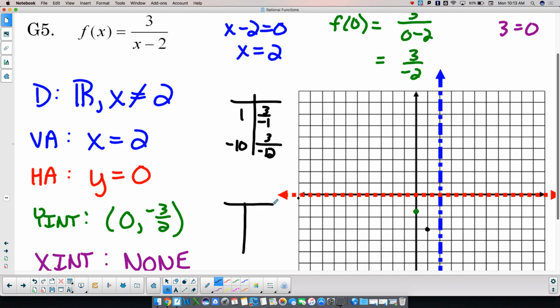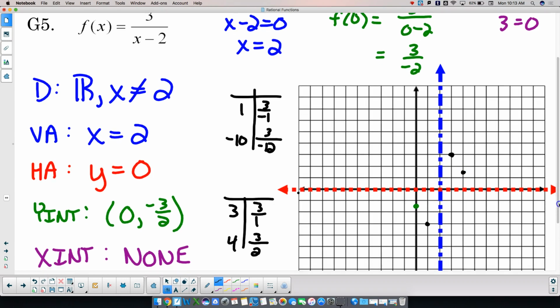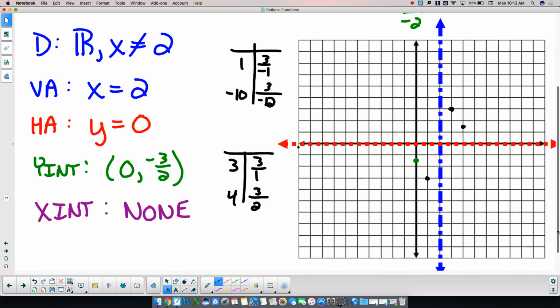If I go with positive 3 for an x value, that gives me 3 over 1, which is 3. If I go with 4, I get 3 over 2. And if I go with 10, I'd get 3 over 8. Two, 4, 6, 8, 10, 3/8 is that.